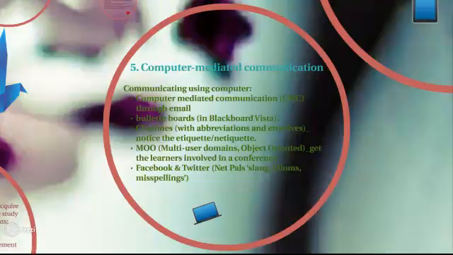And the third is chat lines. Well, for those who like chatting with their friends, you may use this one. And then MOO, multi-user domains object-oriented, where the learners can get info in the conference, having a chat with their friends or other people about something academic. And the last is Facebook and Twitter.